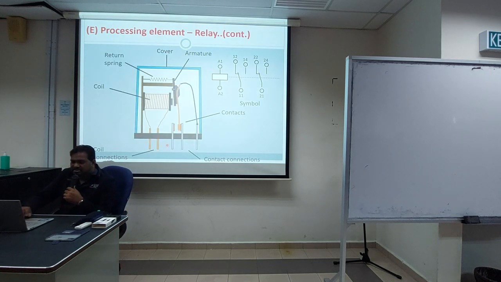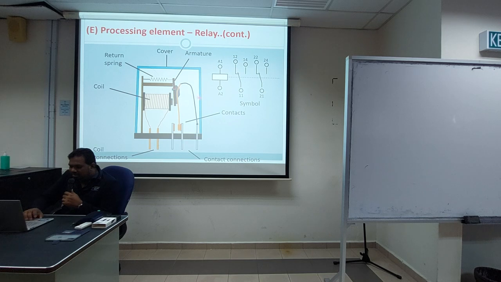So this is actually a relay. In the relay we can see there is a coil. You have a spring here. Then this is the contact point and this is the contact point. So the contact connection, you make the connection here.